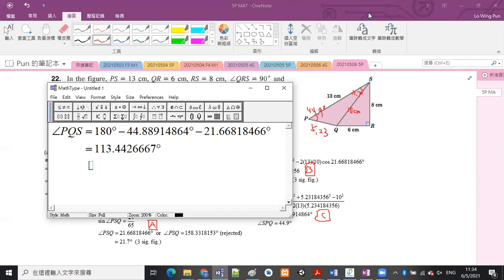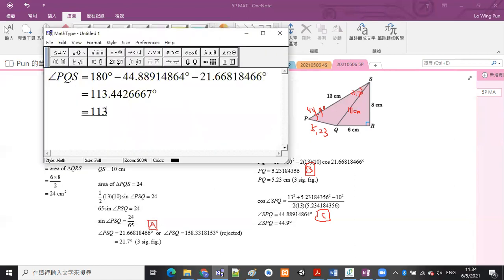Oh no. The question asks us to correct the answer not to 3 SF. It should be 1 dp, right? But that is okay.